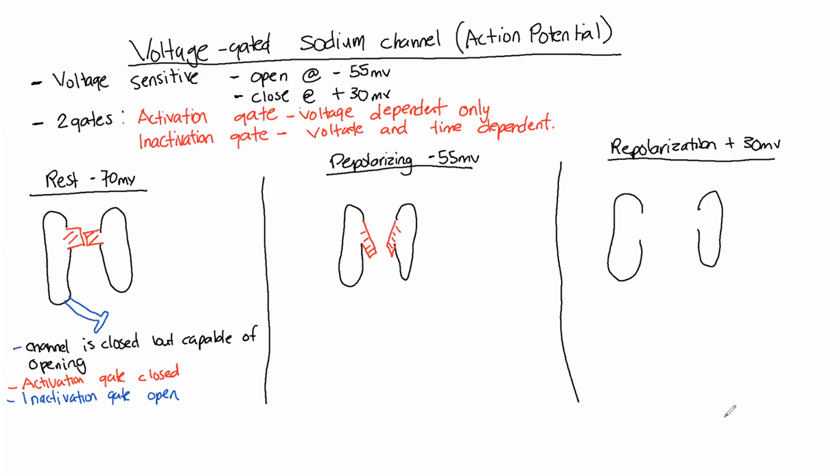The inactivation gate is also open at this time, but now we have a 1 millisecond signal into effect. So we've got a 1 millisecond delay happening here that will then create this state after 1 millisecond.